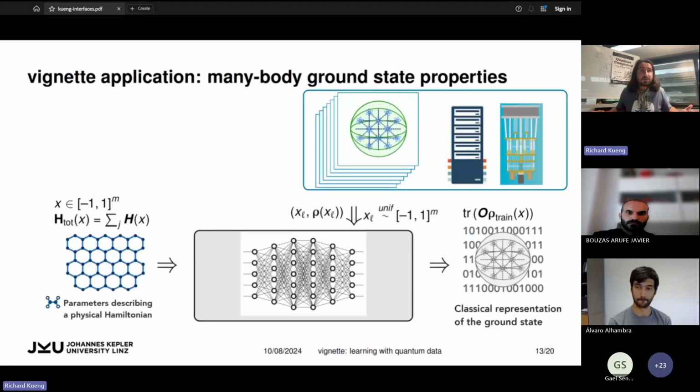And then we feed it into a machine learning model, for example, a neural network, and train it to just learn the classical relation between the Hamiltonian specification, which is classically efficient, and ground state properties, which is also classically efficient, like magnetization or correlations. And we propose to use classical shadows as an efficient way to store this training data.